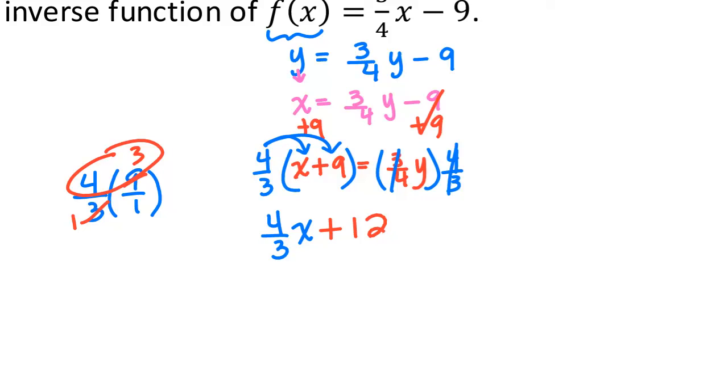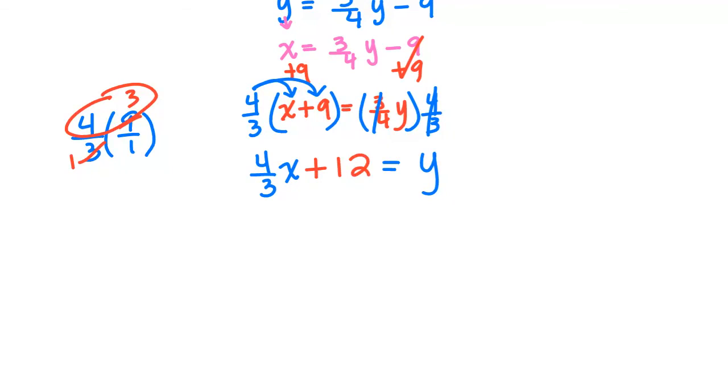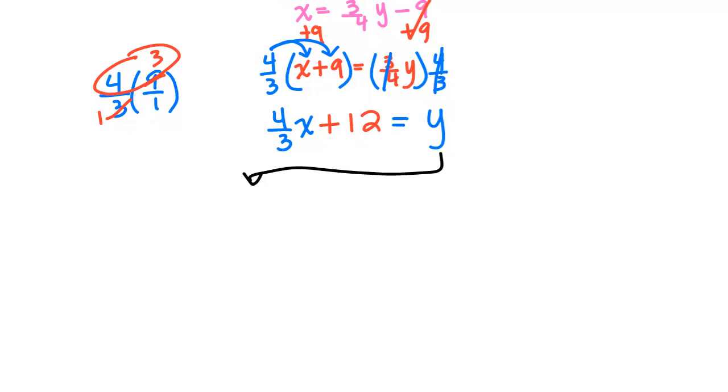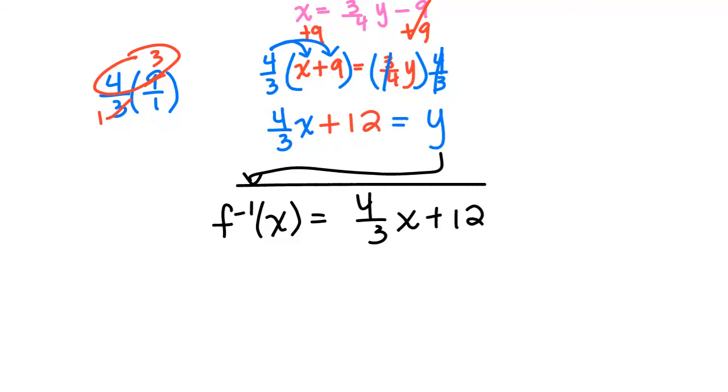So you go plus 12 equals y on this side. And then our last step is to just switch the y now to f inverse. So the y, I think it is f still, right? Yeah. So y becomes f inverse of x equals 4/3 x plus 12. And that's our final answer.